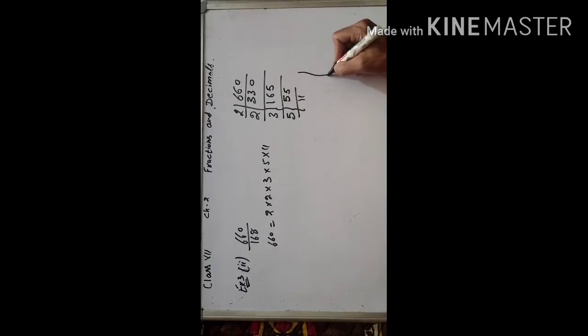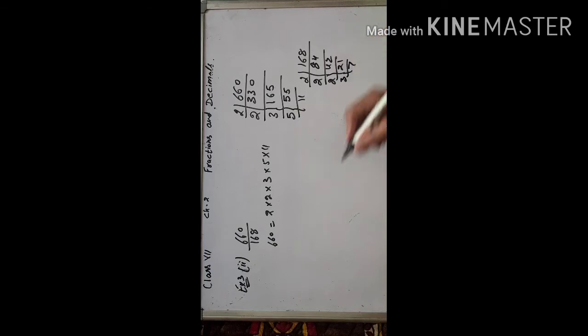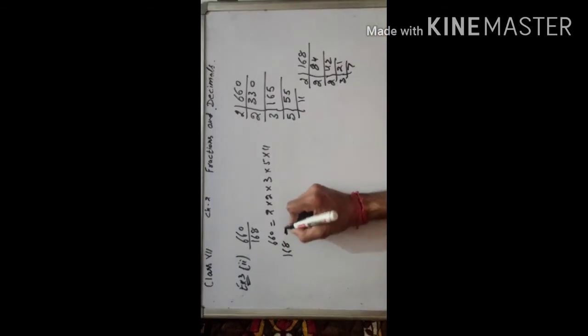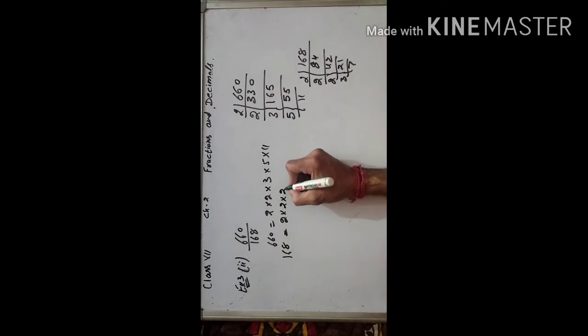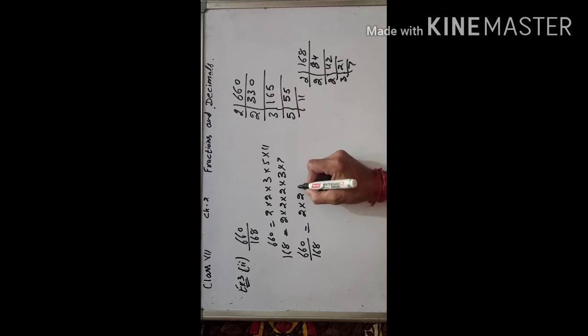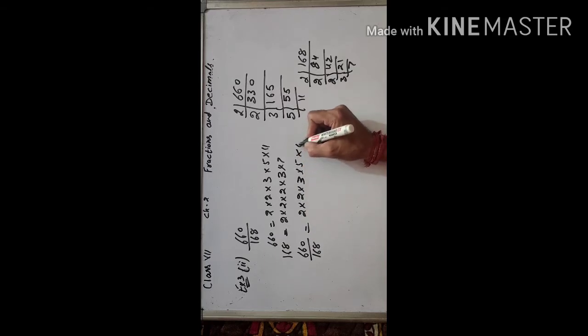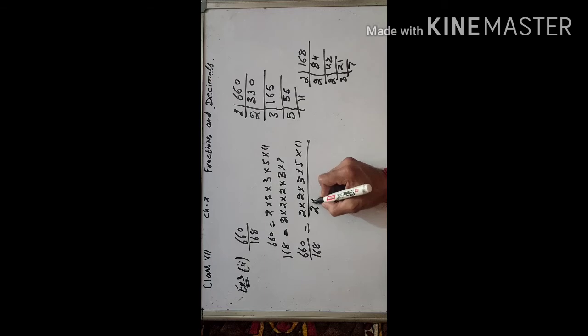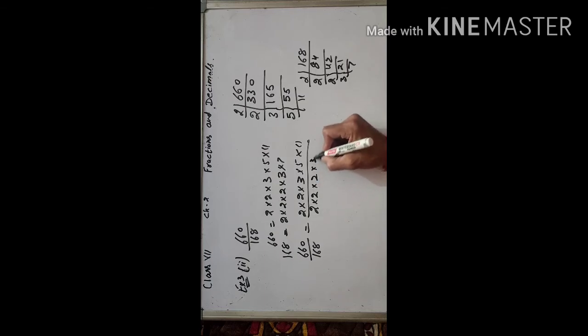And the prime factors of 168: 2 4s are 8, 2 2s are 4, 3 7s are 21. 168 is equal to 2 into 2 into 2 into 3 into 7. 660 upon 168 is equal to 2 into 2 into 3 into 5 into 11 divided by 2 into 2 into 2 into 3 into 7.